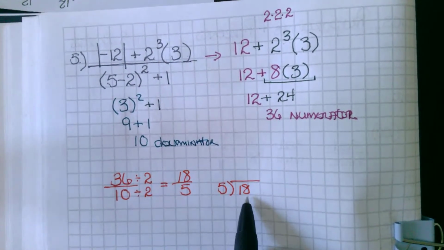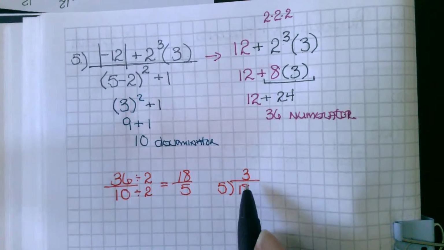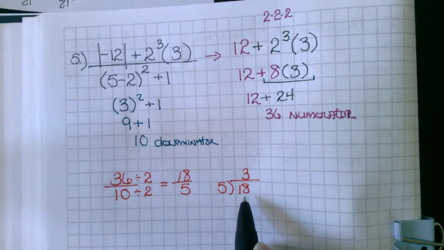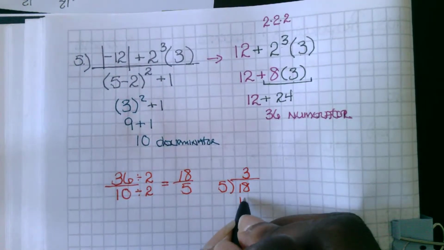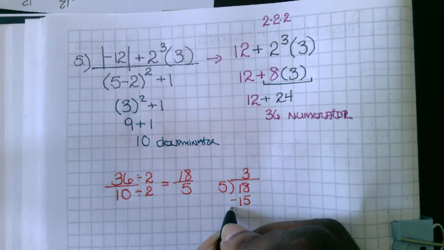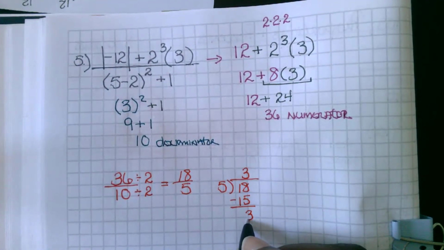So how many groups of 5 can get into 18? That'll be 3. Because if I do 4, that's going to be 20. That's more than 18. So 3 times 5, that gives me 15. And when I subtract 18 minus 15, that gives me 3.